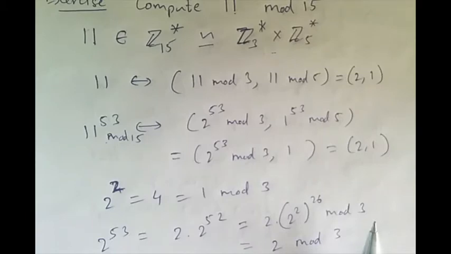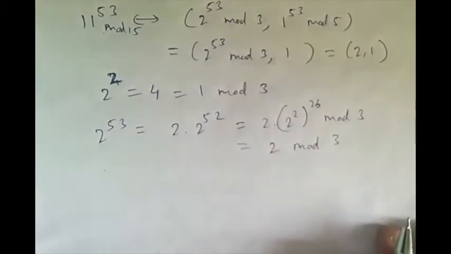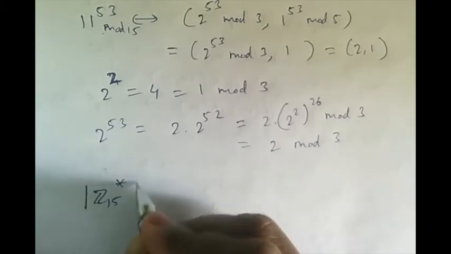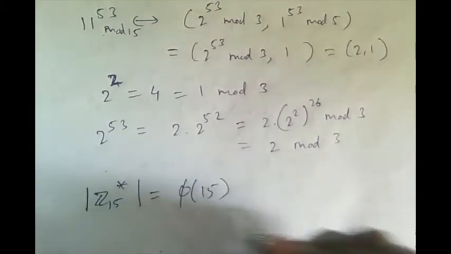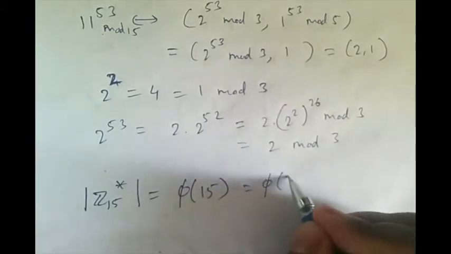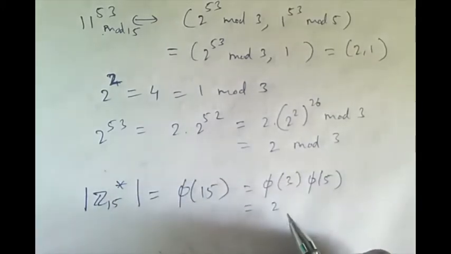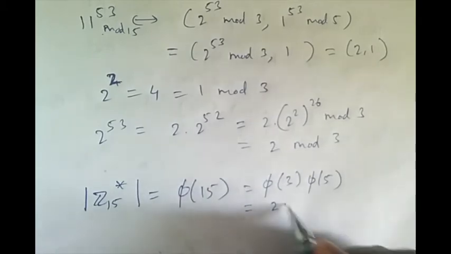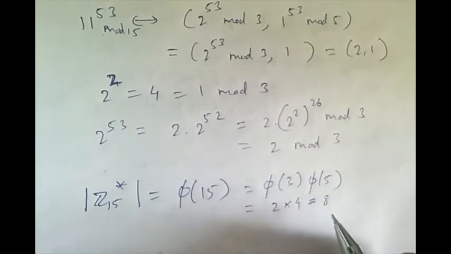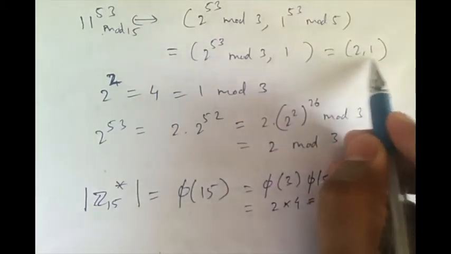It has phi of 15 elements, where phi is the Euler function, and we said, as a corollary of the Chinese remainder theorem, phi of 15 is phi of 3 times phi of 5. Since 3 is prime, phi of 3 is 3 minus 1, and phi of 5 is 5 minus 1, which is 4, so 8 elements. So there are only 8 elements in Z15 star, so we can just check all of them by brute force and see which element maps to this.